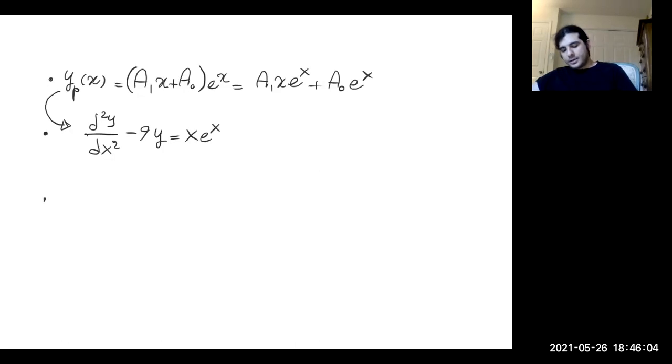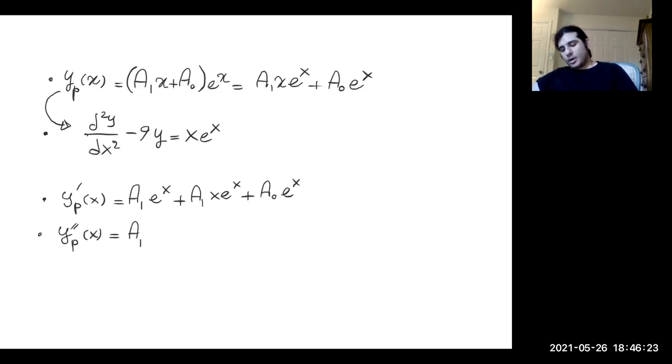So if y is equal to that, yp prime, its derivative, is equal to a1 e^x plus a1x e^x plus a0 e^x. Its second derivative would be equal to a1 e^x plus, again, a1 e^x plus a1x e^x plus a0 e^x.